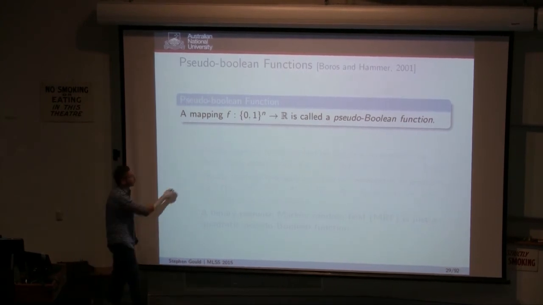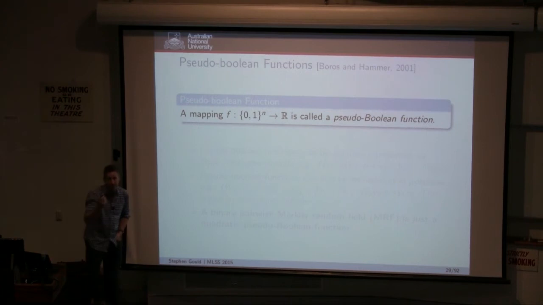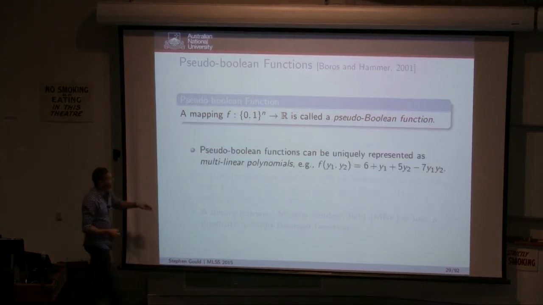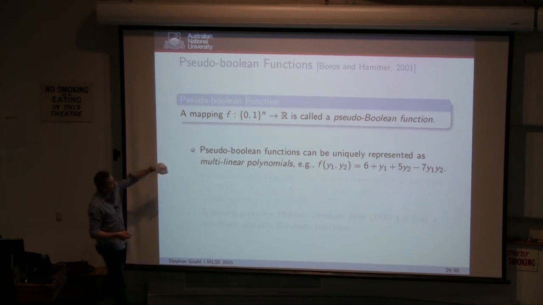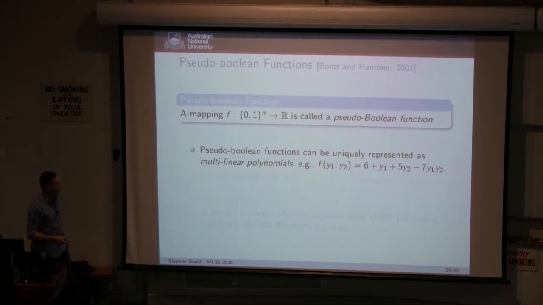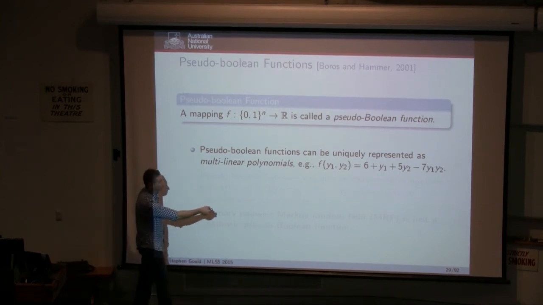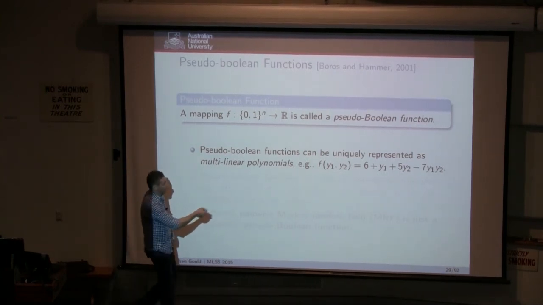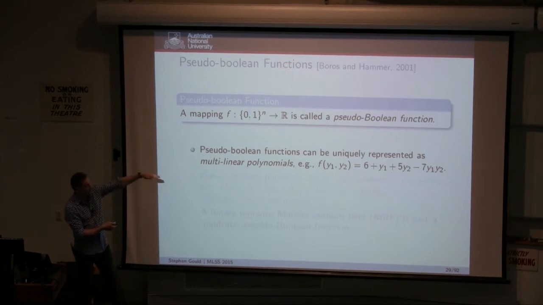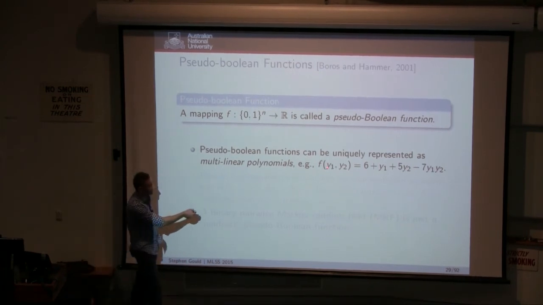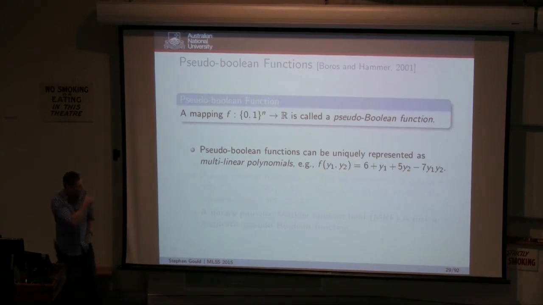It would be a Boolean function if its inputs were Boolean and its output was Boolean. A pseudo-Boolean function can be uniquely represented as a multilinear polynomial, a polynomial that only has linear terms. And the energy function that I defined on the previous slide can be uniquely written out in this way.